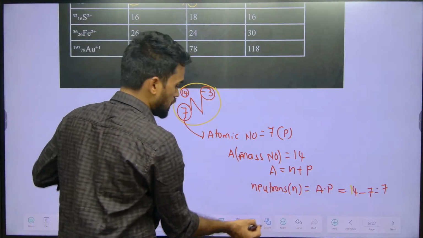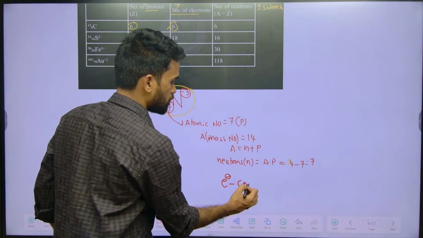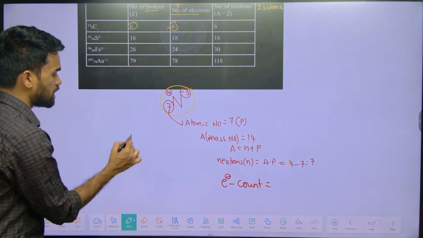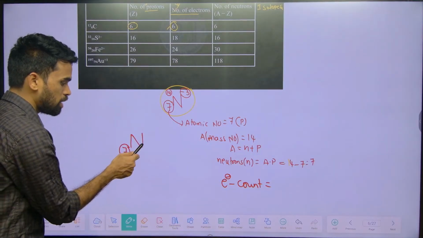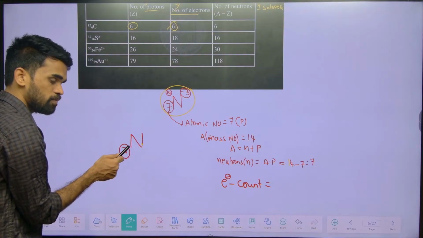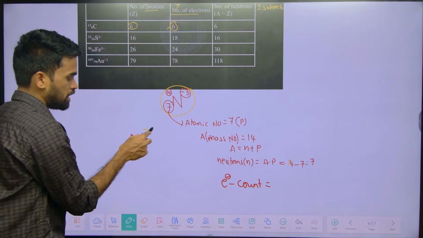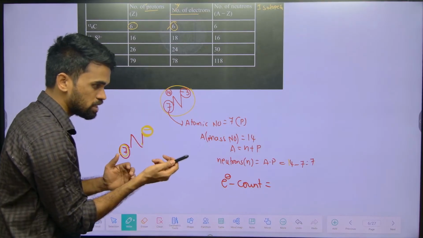Now what about the total electron count? How many electrons are there in the given species? Whenever I write like this, 7 indicates its atomic number. An atom has the same number of protons and electrons, equal to 7. But if you write any charge over here, that charge indicates loss or gain of electrons. A negative charge means gain of electrons, a positive charge means loss of electrons.